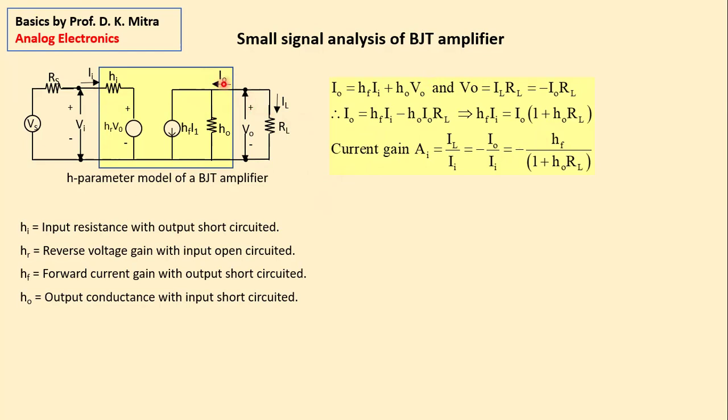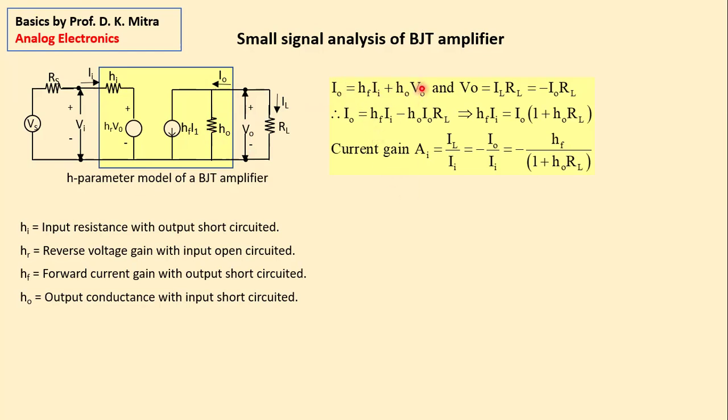this current IO from here to here, right? This current is a sum of this current plus this current. Now this current is HF II and this current is this voltage VO multiplied by this conductance HO, so VO HO.